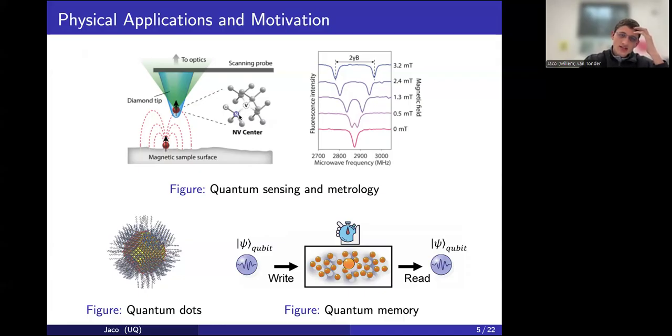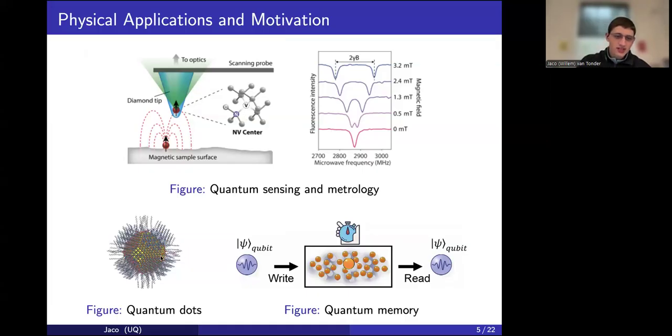This acts as an effective spin particle interacting with the surrounding carbon nuclei and possibly a sample for which we would like to measure the magnetic field. So this can then be used as a very precise magnetometer by simply measuring the intensity of this NV center.